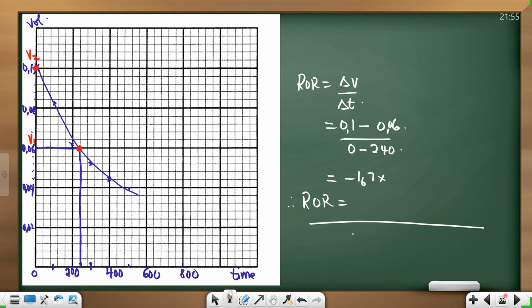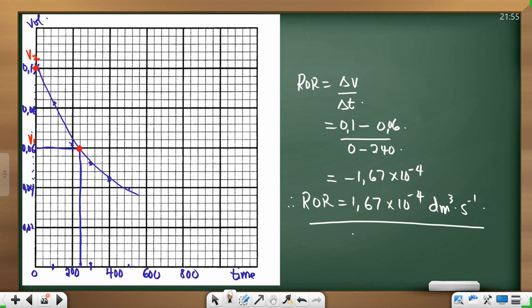Thank you, Fatrab. Please just don't leave your answer as negative. It's volume, right? So it's dm cube per second. Positive, you know it's positive.